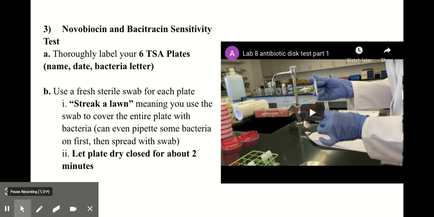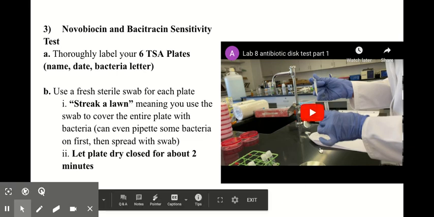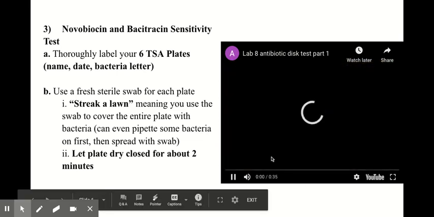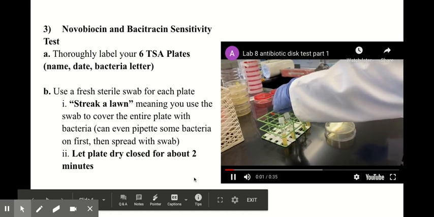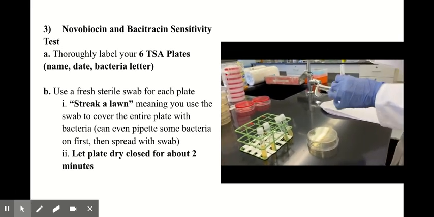The third test is the novobiocin and bacitracin sensitivity test, so the antibiotic sensitivity. So you're going to use TSA plates and thoroughly label them with the name, the date, and the bacteria letter that you're testing. And then using a fresh sterile swab, you're going to streak onto the plate.